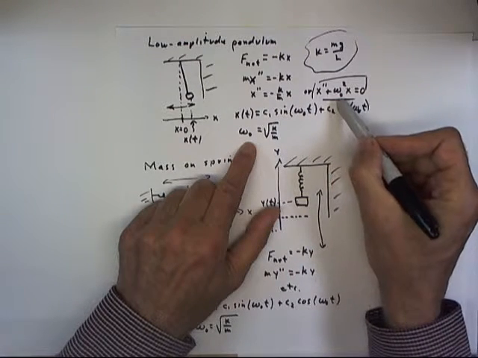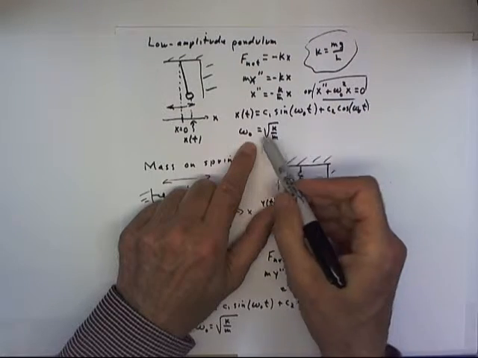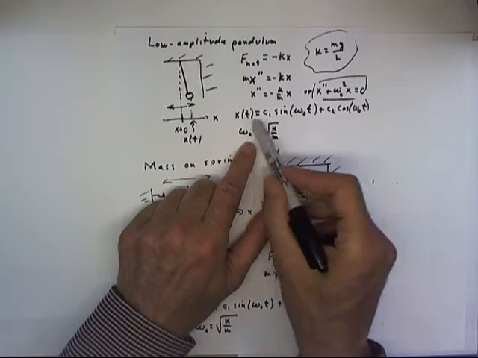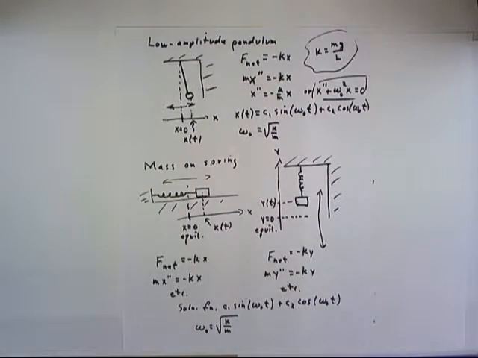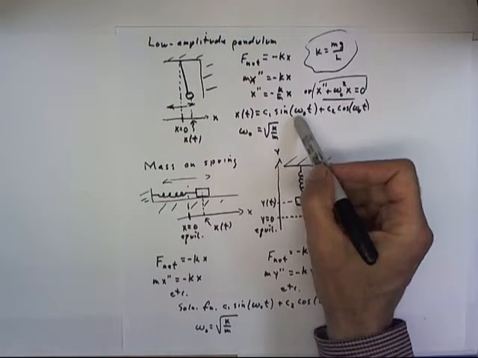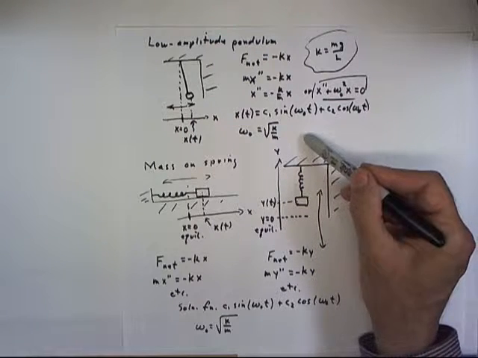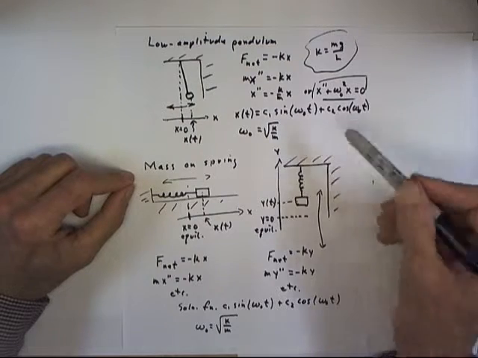So we get this general solution, and we can easily verify that this is the general solution to this equation. That general solution comes out very easily from the techniques that we've seen previously for second order linear equations.